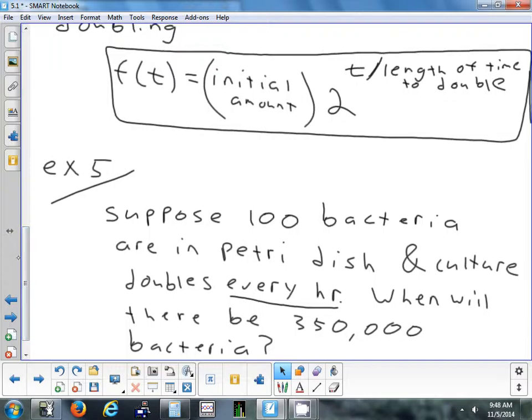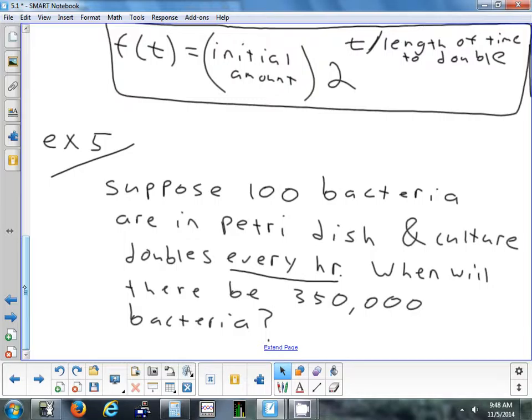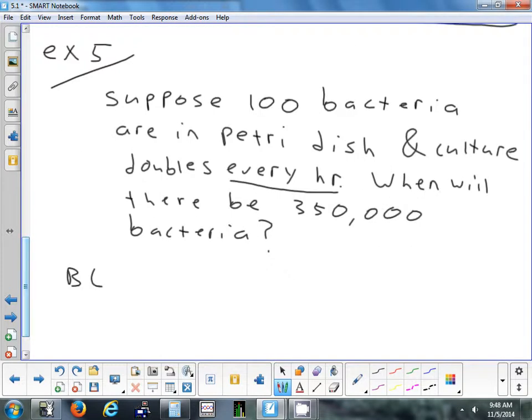Okay, so it says suppose we have 100 bacteria, doubles every hour, same problem we just had. When will there be 350,000 bacteria? Let's just start by writing our bacteria as a function of time.